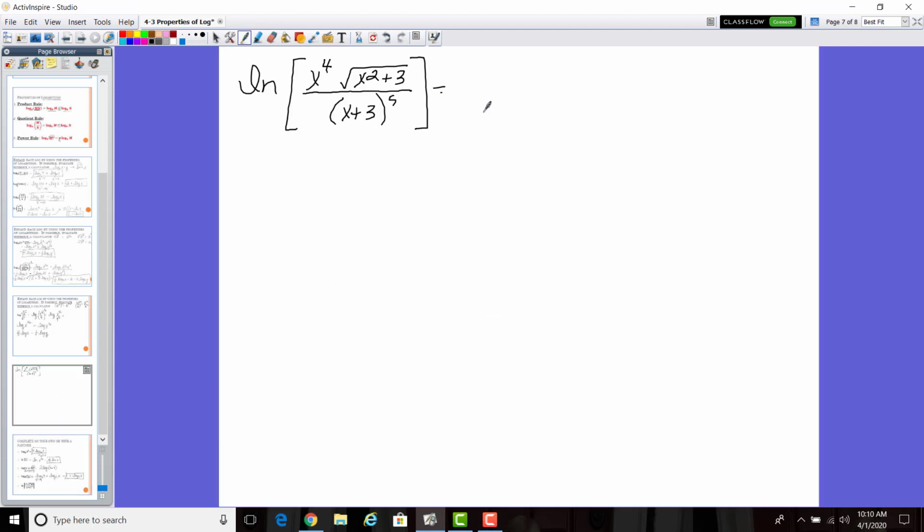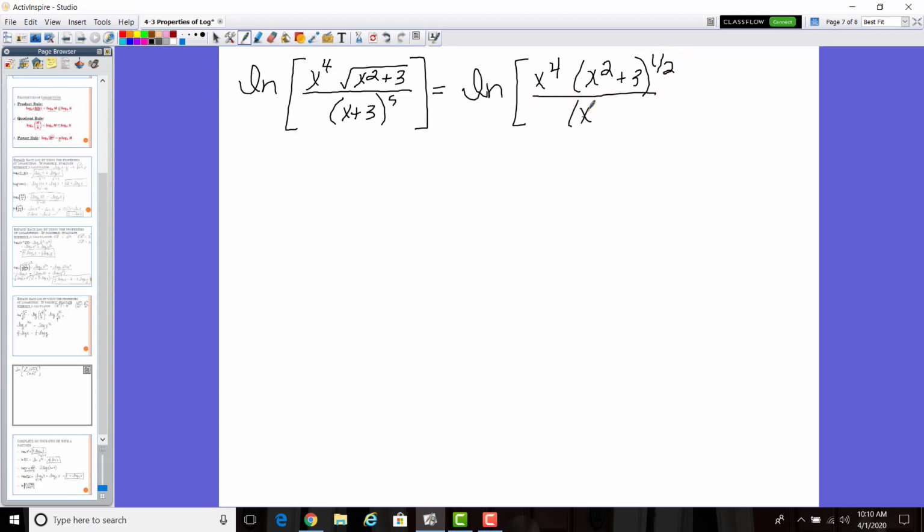Okay, so it is big, but it really is not scary because it really is only made up of 3 components. We have the natural log of x to the fourth, and then we have a root, so I need to change that root, x squared plus 3, to the 1/2 power.